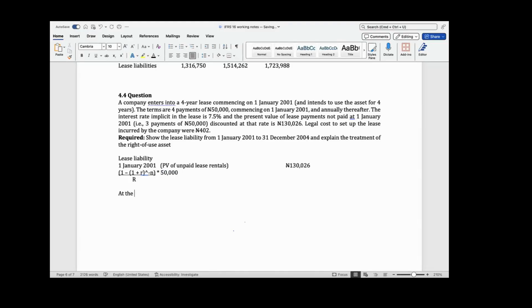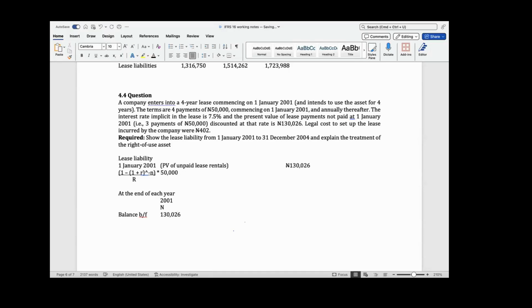However, at the end of each year, starting from the end of 2001, the balance at the beginning is given to us as 130,026.